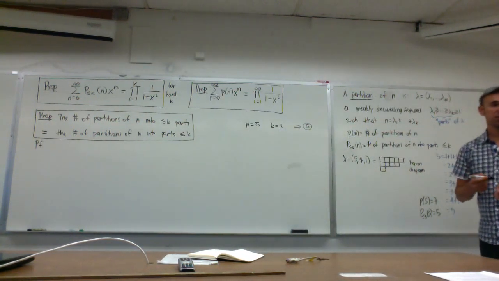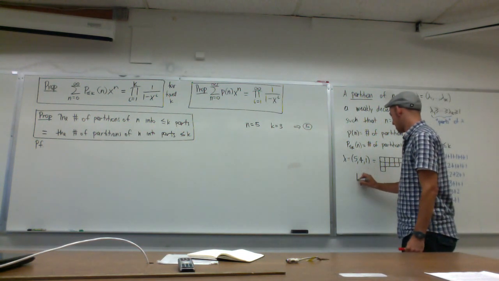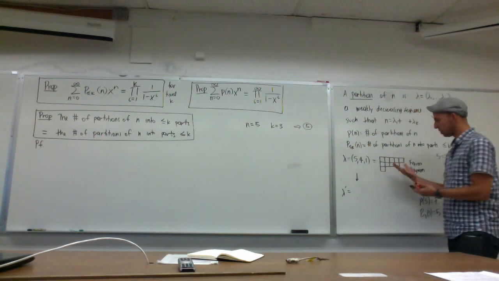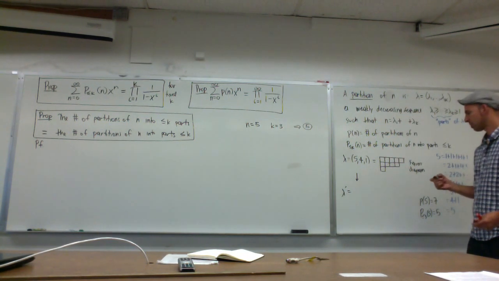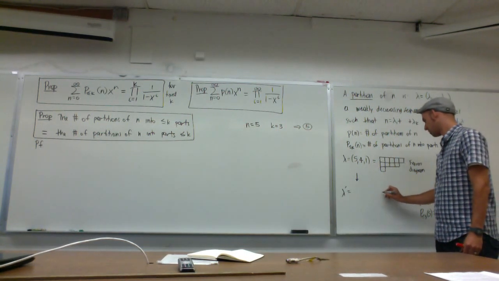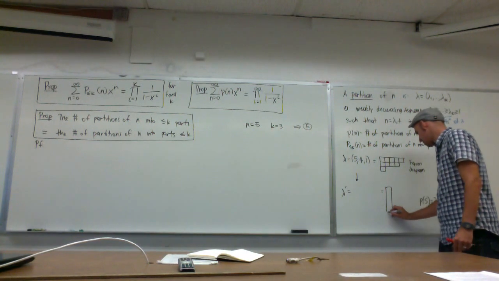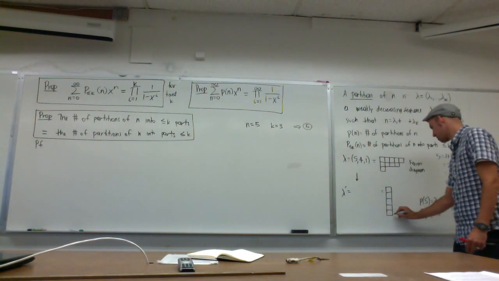There is an operation that you can do to Ferrers diagrams, which is to flip them so that rows become columns and columns become rows. So now I put 5: 1, 2, 3, 4, 5.